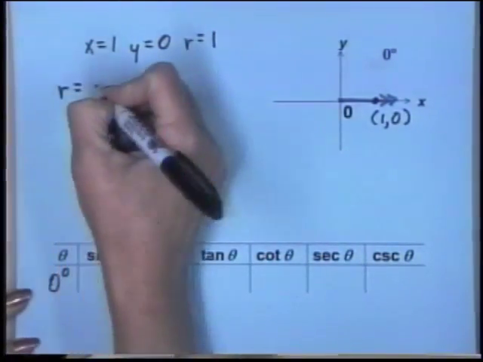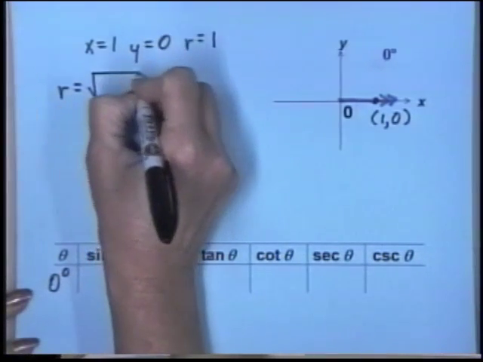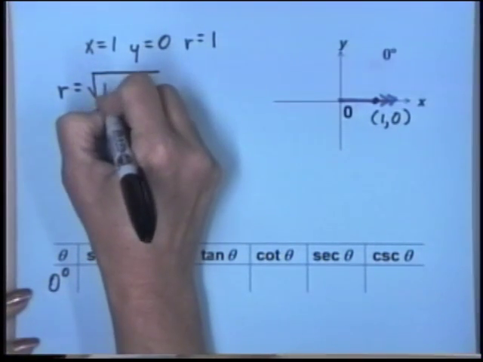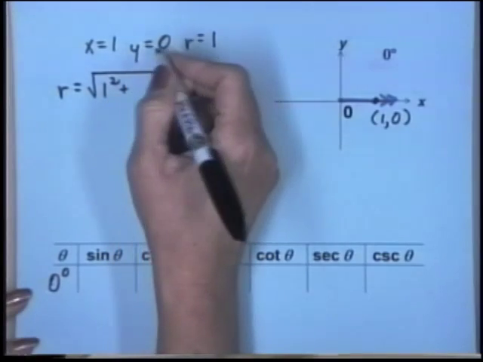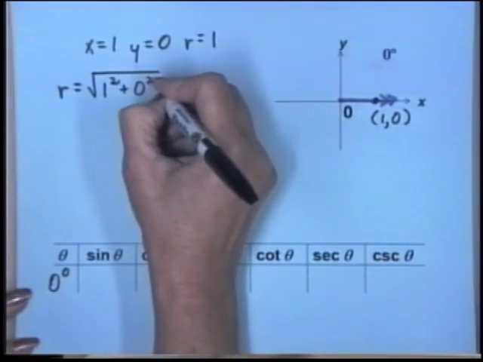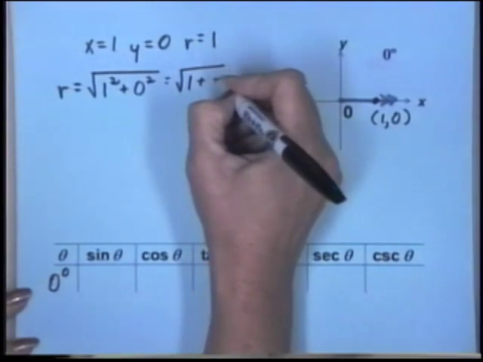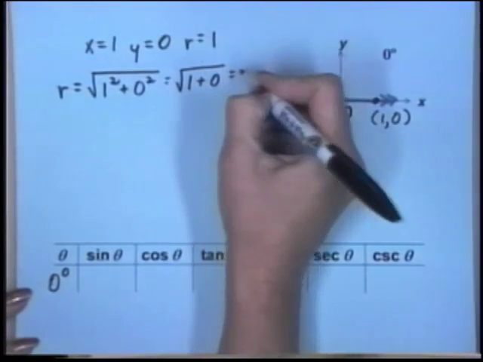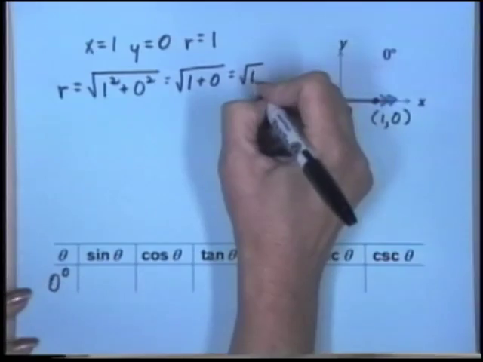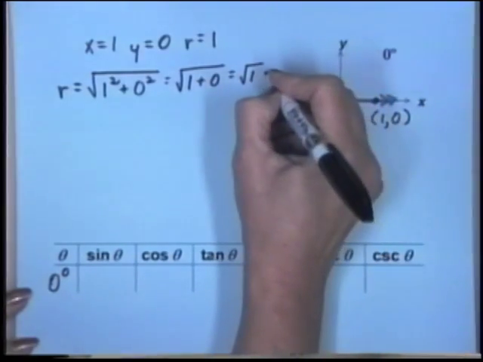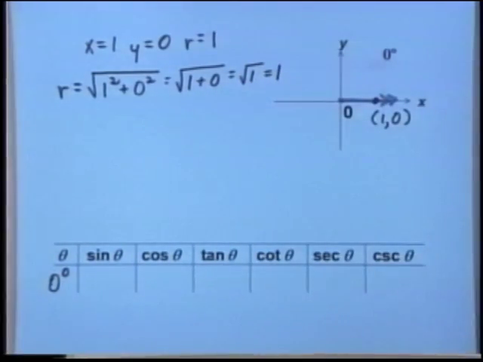If you want to technically calculate it, we would say x squared is 1 squared plus y squared would be 0 squared. 1 squared is 1. 0 squared is 0. When we add 1 and 0, we'd have 1, so the square root of 1 is 1. I don't think you want to do that, but you see that we would get 1 if we worked it the long way.